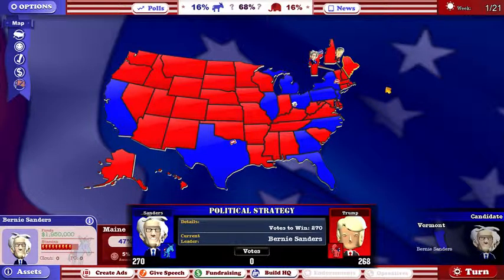So the 9 representatives from Massachusetts, they have to agree on 1 winner. Either all 9 representatives are going to go to Bernie Sanders or all 9 are going to go to Donald Trump. It's easy for small states like Vermont or Wyoming to do this because it's just 1 representative.